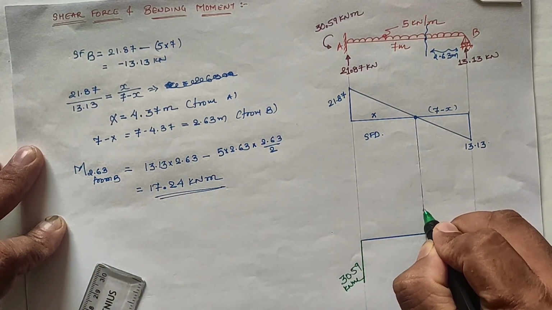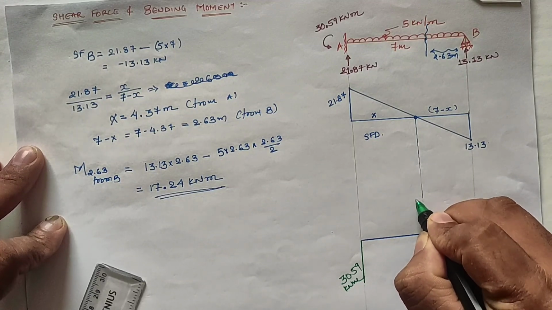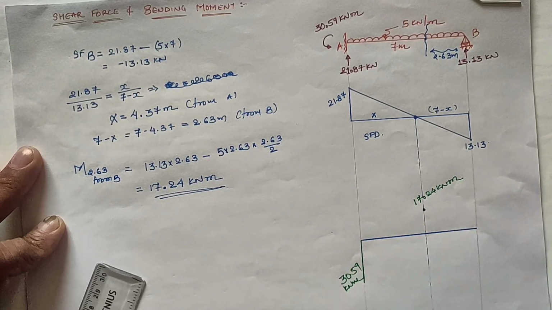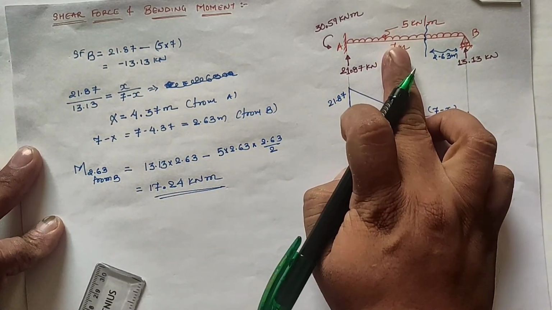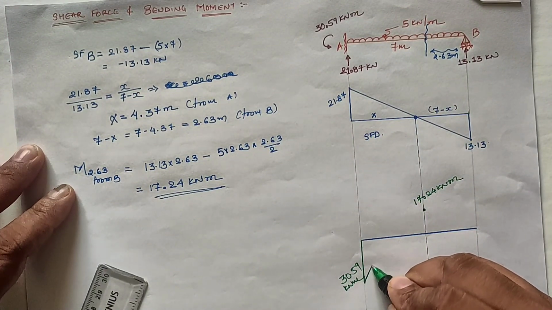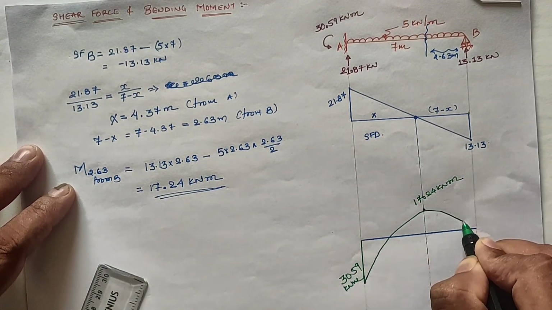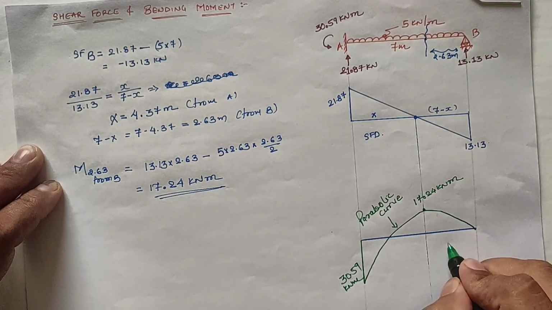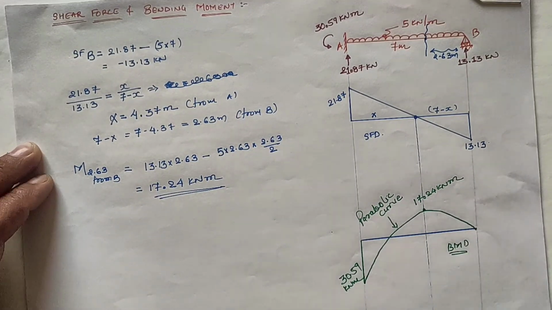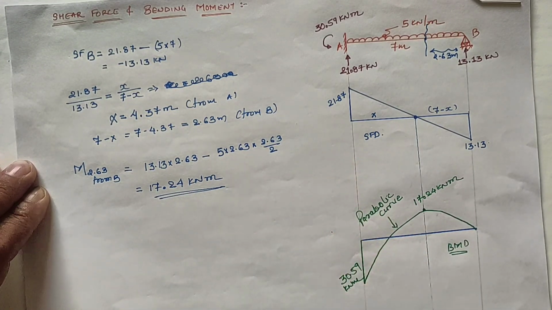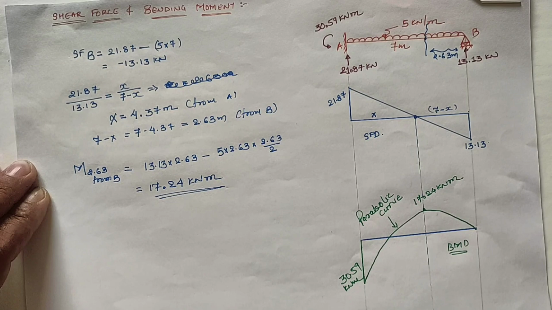For the UDL, our diagram is a parabolic curve. So the diagram is as shown.